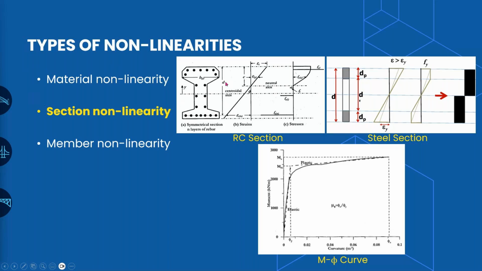If we check this particular section, this is the general stress strain diagram that we see. The strain at the top is epsilon C, and at the reinforcement level, it is called epsilon S. The angle subtended by this strain line with respect to the vertical is called phi, or curvature. The curvature is one of the most important entities that we need to deal with when we are considering nonlinearity in a structure.